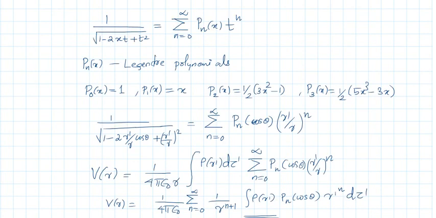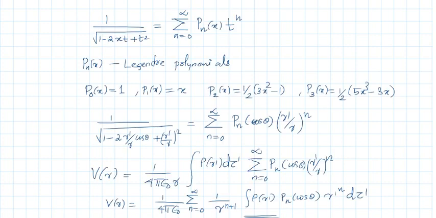Now, you can write that by taking, this is a summation, first you put n equal to 0, that will give you a term 1 by 4 pi epsilon 0 integral rho of r prime d tau prime divided by r. Because if you put n equal to 0, this becomes 1 by r and this becomes p0 cos theta. What is p0(x)? 1. So p0 cos theta is 1. R prime raised to 0 is 1.